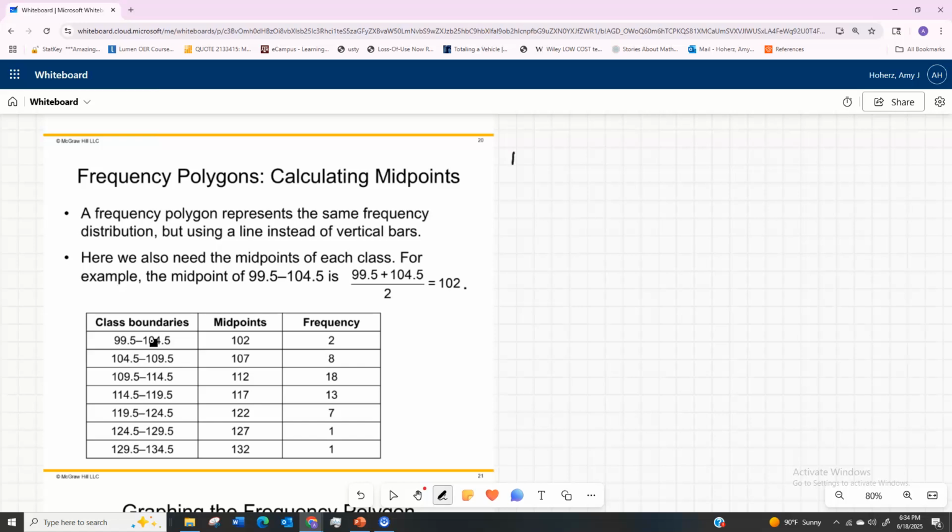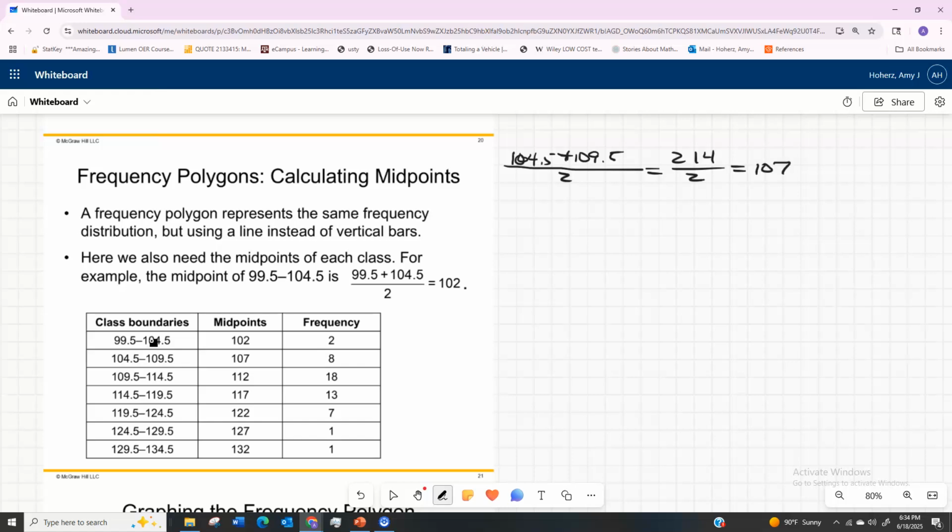So the average of 104.5 and 109.5, in order to find the midpoint, we would total these, which would give us 214, and then divide that by 2, and we would get 107.